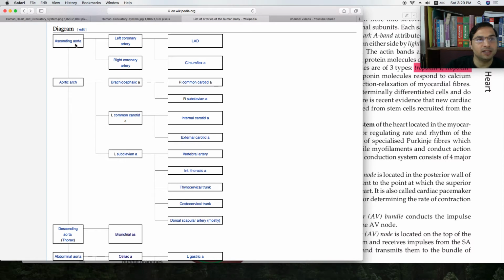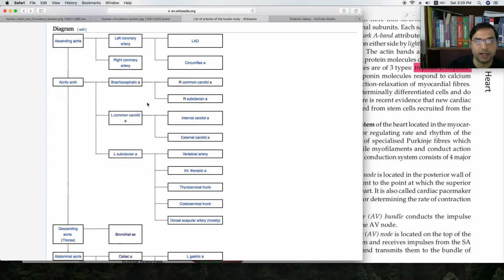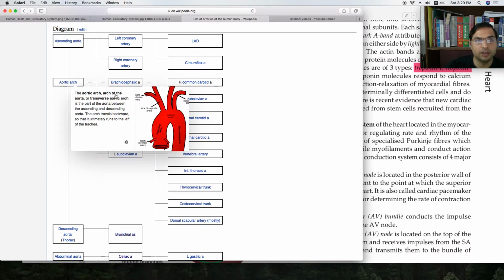So after ascending aorta, the arc of aorta is the second part. The arc of aorta gives three branches, one to the right, one to the head region, and third to the left. So the first branch which is going to the right is called as brachiocephalic artery.